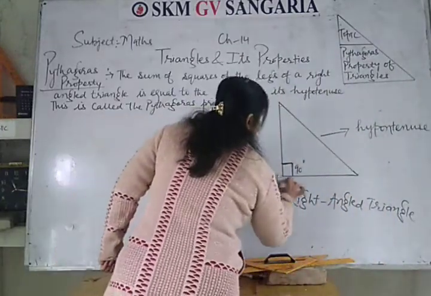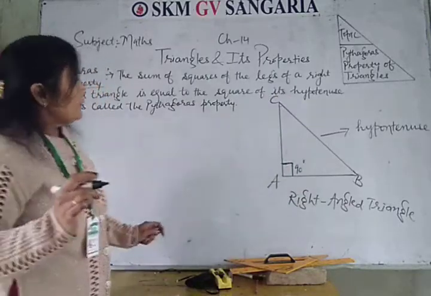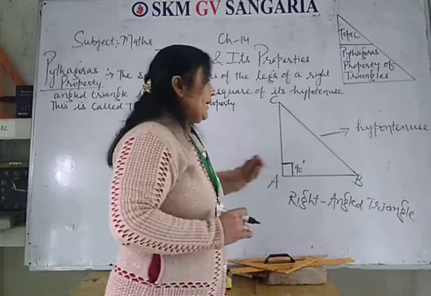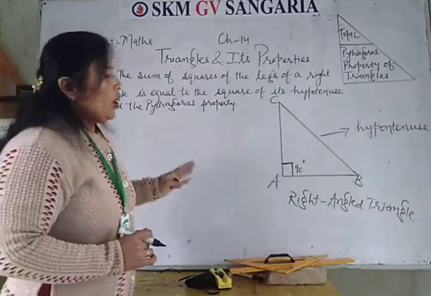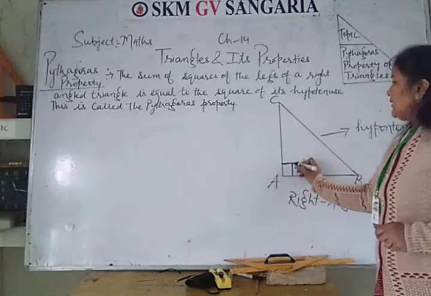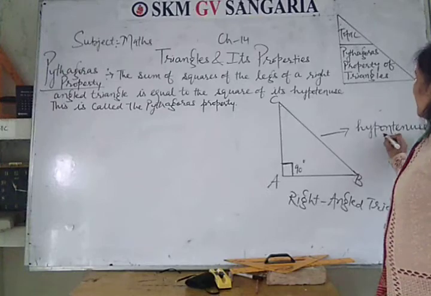You can name this triangle ABC, right angled at A. The longest side opposite to the right angle is called the hypotenuse.